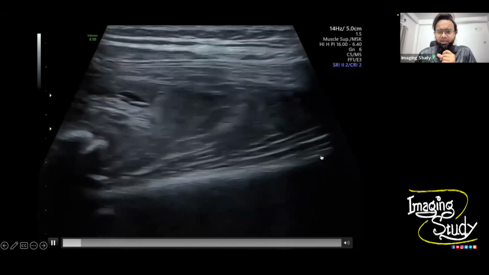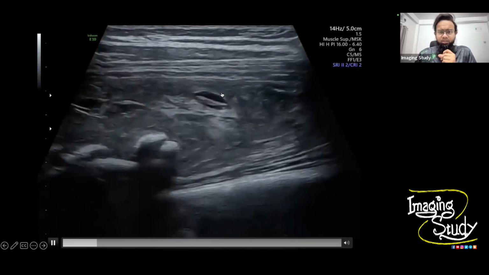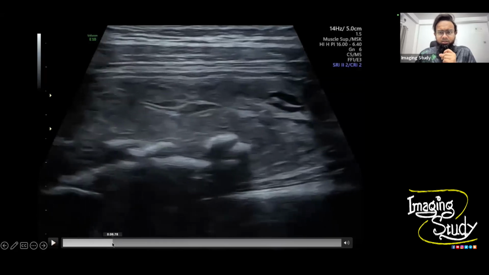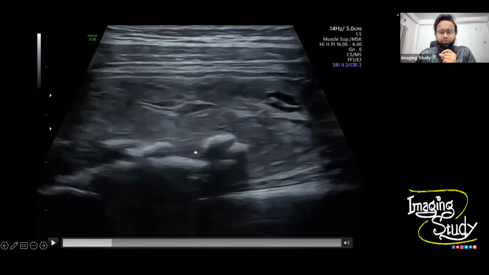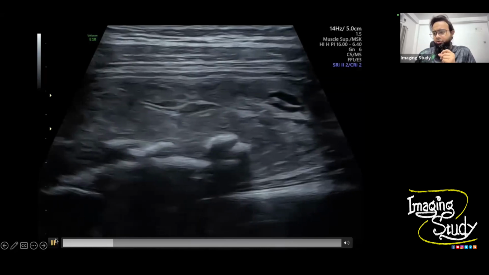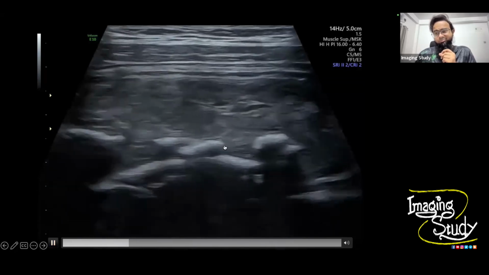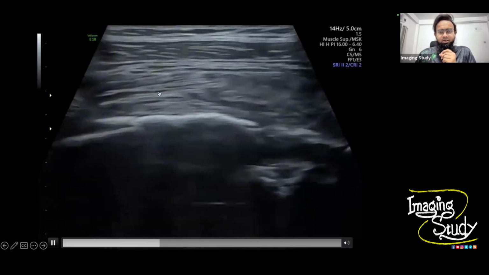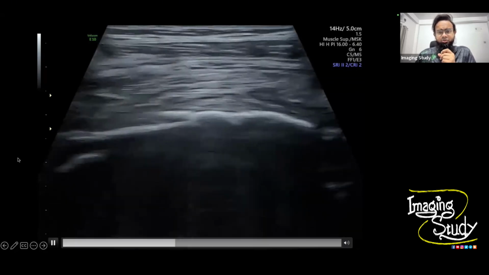So let's jump in again. This is the femur, and now you can see the start of the lesion with variable echogenicity. Let me freeze the image a little bit. You see some anechoic portions, some calcifications, and some heterogeneously hypoechoic areas. So there is a big chunk of hematoma over here, a huge hematoma in the vastus intermedius actually.